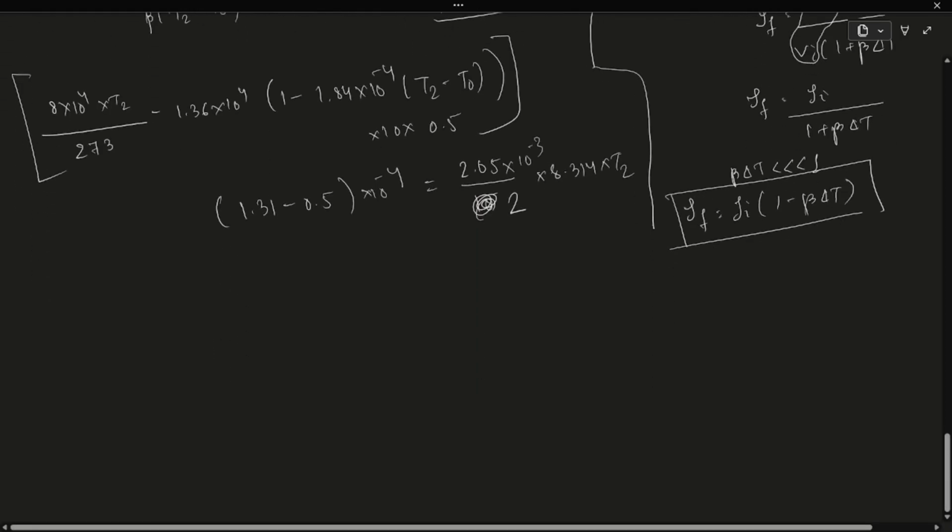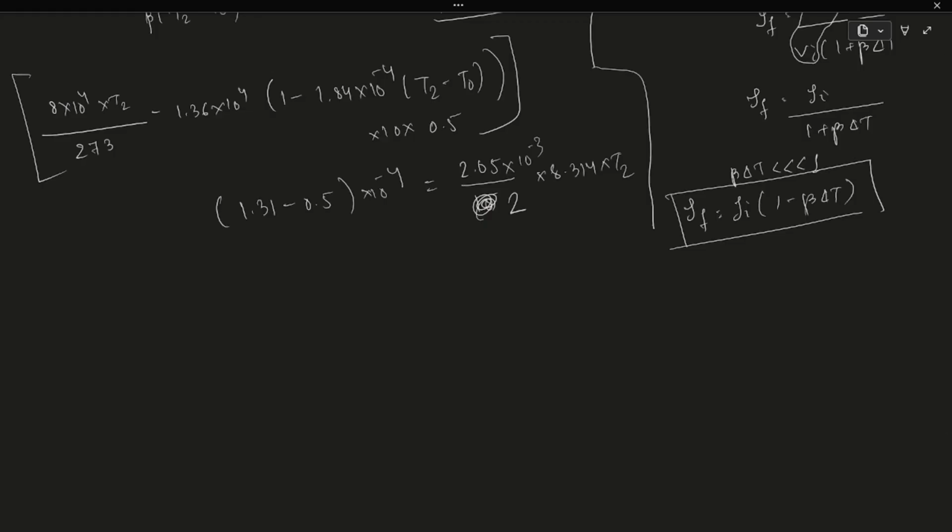Let's use the calculator. 8 into 10 to the power 4 divided by 273 gives 293.04 T2, minus 1.36 into 10 to the power 4 into 10 into 0.5.